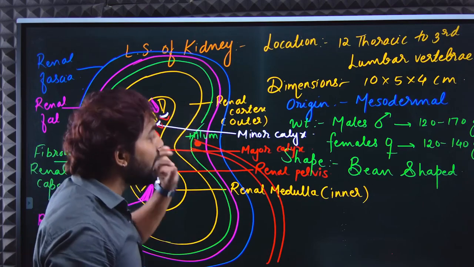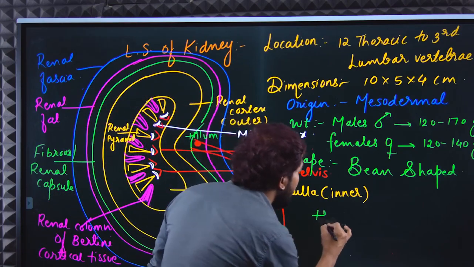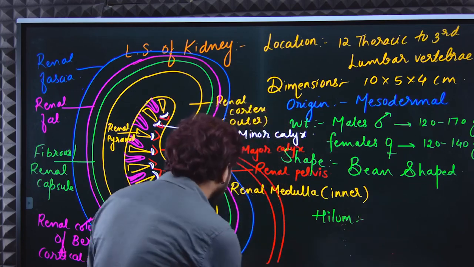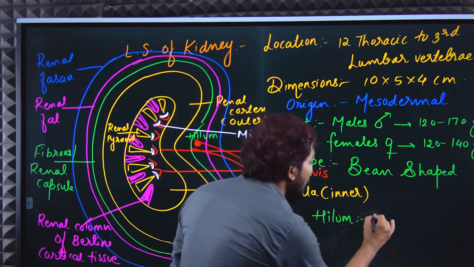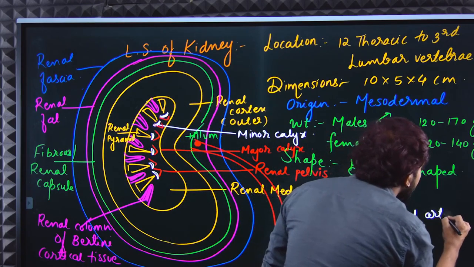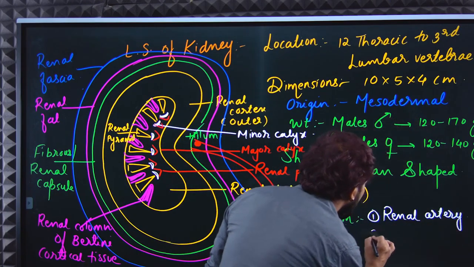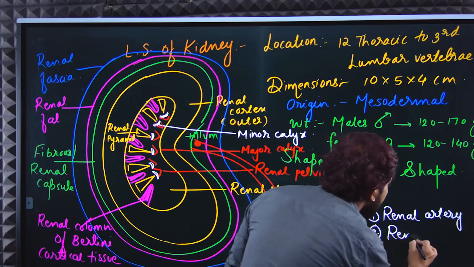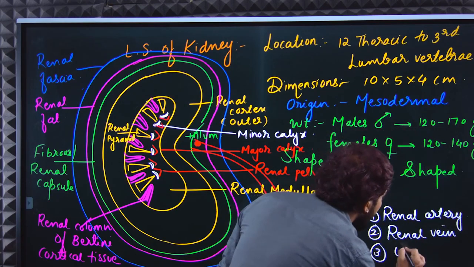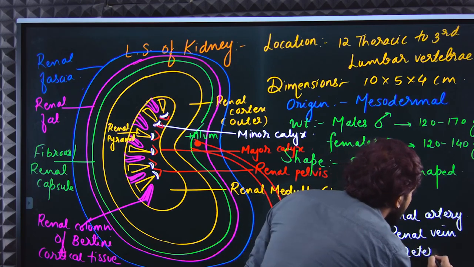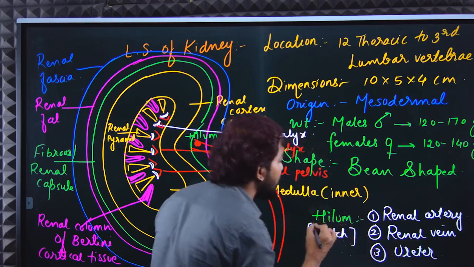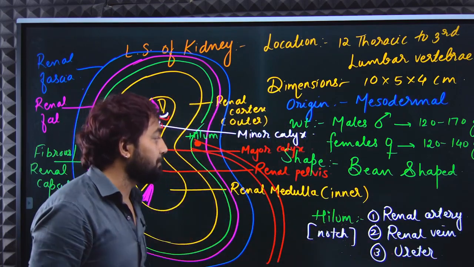Through this notch hilum, three things are going to enter or exit. The first one is the renal artery. The second one is the renal vein. And third, which comes out, is the ureter. So this is a notch-like structure, which is hilum.